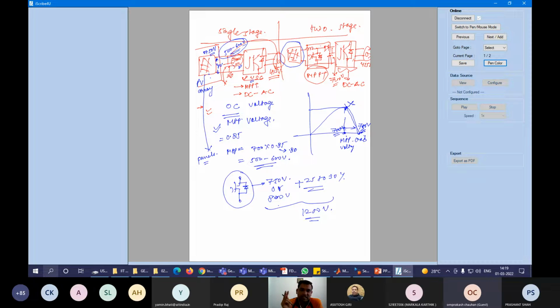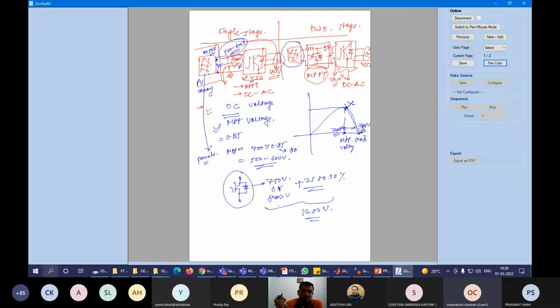So in case of single stage, there are two things. The disadvantage I'm telling you: we have to put 2 to 3 extra panels in series so that we can achieve the desired DC bus voltage. That is the first observation, because otherwise we will not get sufficient DC bus voltage.